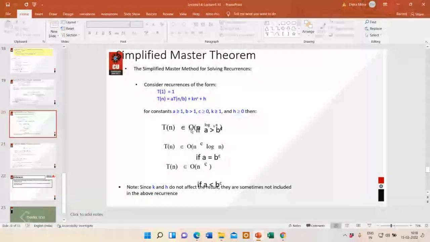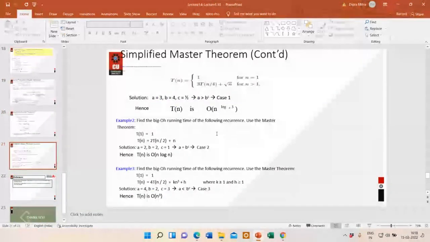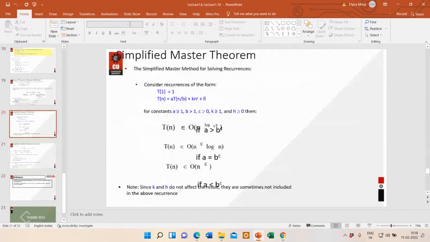A greater than b to the power c means a is 3, b is 4, c is half. If I calculate, obviously I get a greater than b to the power c. So this condition is satisfied and the other conditions are not.